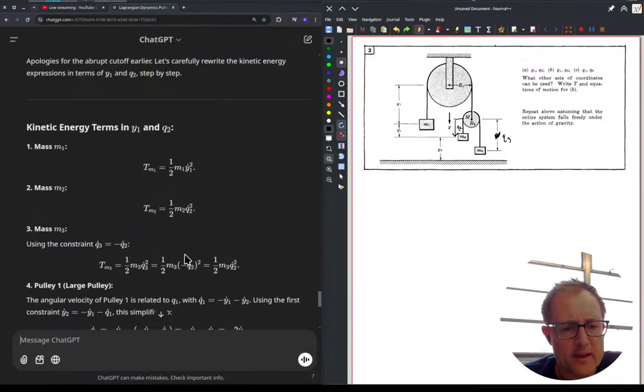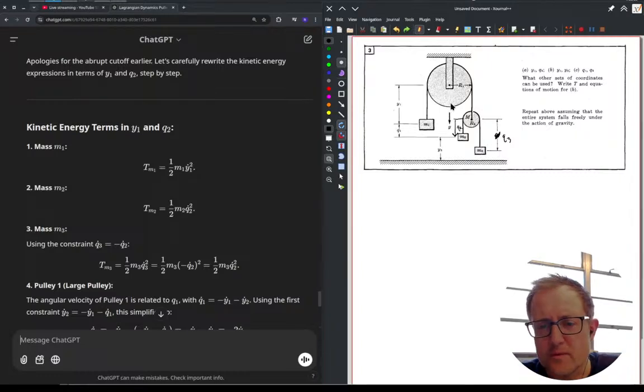So I don't think it got the velocities correct, because right now this Q2 is a relative term, and we need the velocity in the inertial frame, like velocity with respect to here.